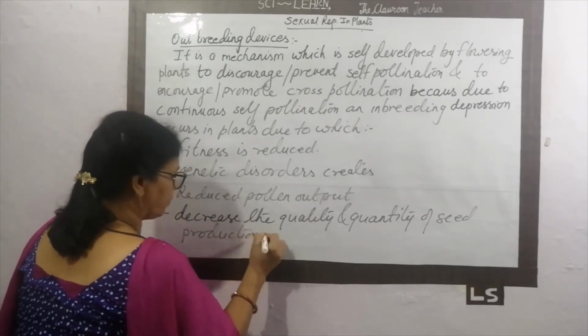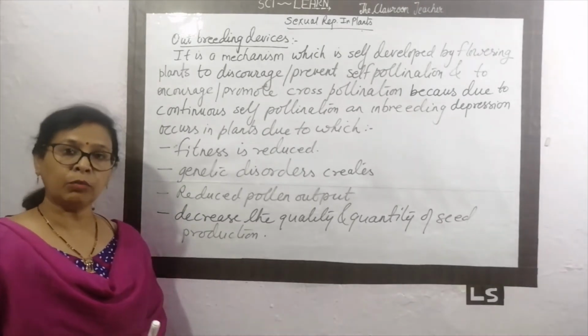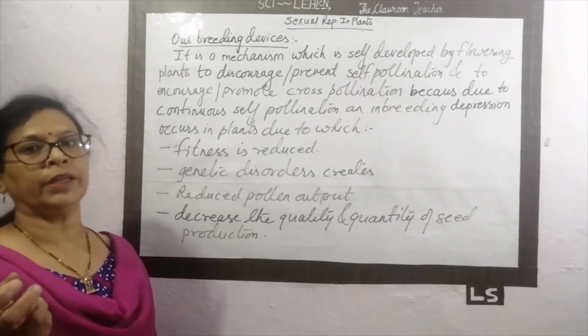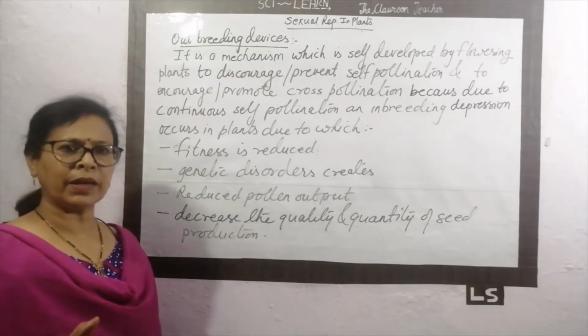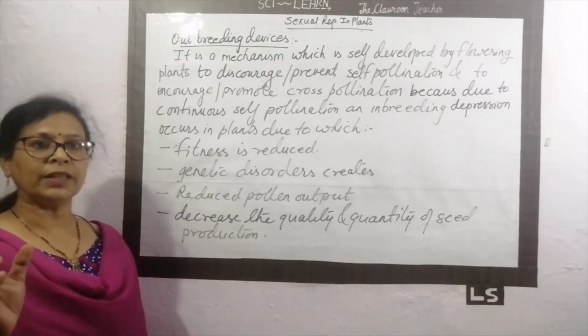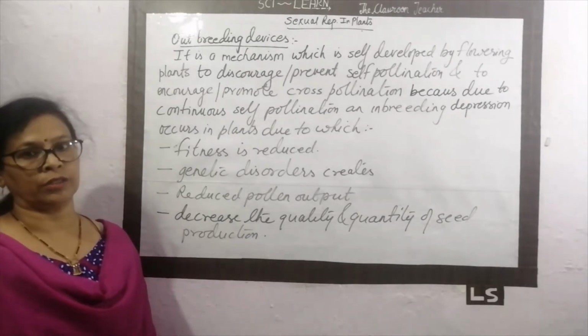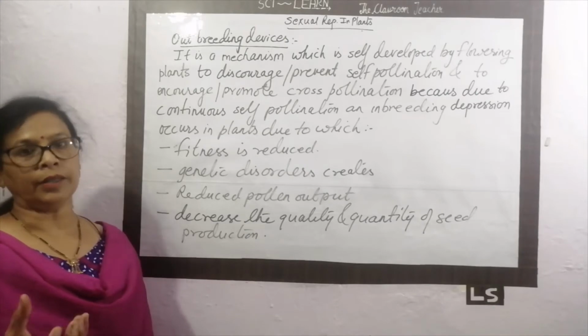Now what happens? The plants develop a mechanism in their body that is called the outbreeding device. Why do they develop this mechanism? Because continuous self-pollination reduces their ability, their capability, their quality of production because of the inbreeding depression.